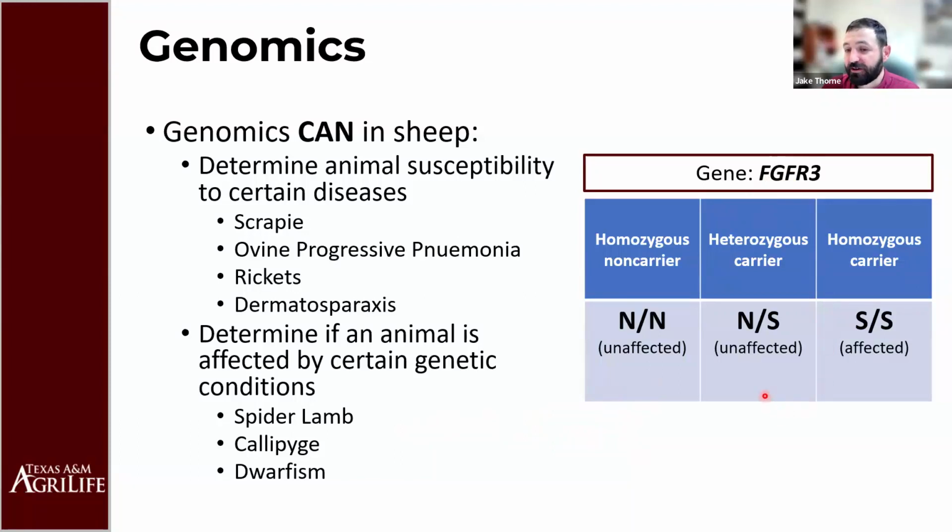They can be a heterozygous carrier, meaning they have 1 copy of the mutated gene and 1 copy of the non-mutated version. They're unaffected, but they are carrying that mutated copy. If they were bred to another NS animal, there would be a 25% chance that the offspring would have spider syndrome. And then homozygous non-carriers would be unaffected and wouldn't have any offspring with spider syndrome regardless of who they're bred to.